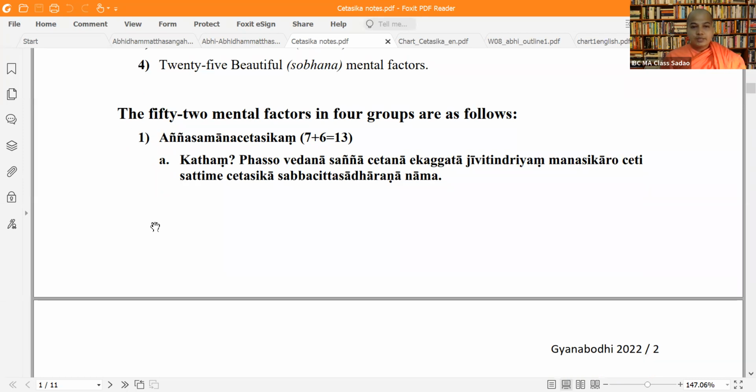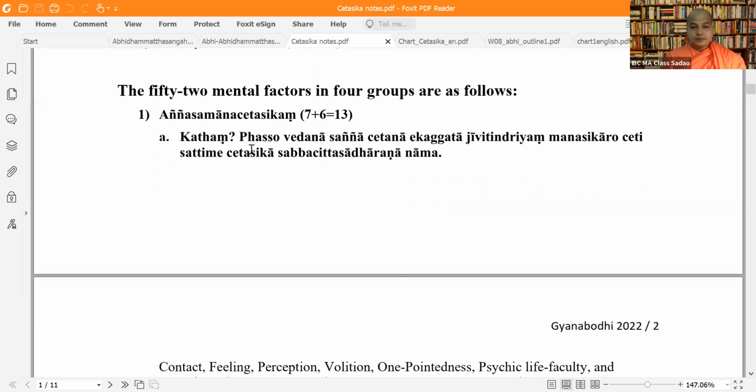So 52 mental factors in 4 groups. Annyasamana Chetasika refers to the first two types, 7 universal and 6 Pakinnaka. Katang, how? In this way: Phasso, Vedana, Sanya, Chetana, Ekagata, Jivitendriyang, Manasikaro cheti, sattime Chetasika Sabbhacitta Sadharana Nama.